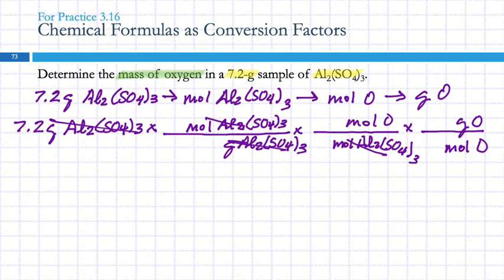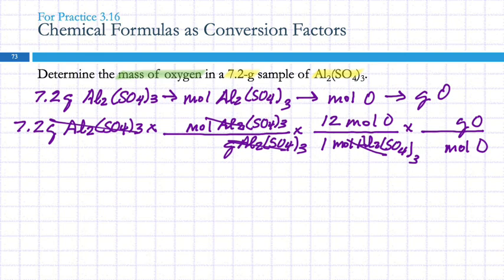We're not talking about masses. In 1 formula unit, how many oxygen atoms? 3 times 4 is 12. So there's 4 oxygens here, and this tells me there's 3 of those groups. So there's 12 oxygens. So there's 12 moles of oxygen in 1 mole of compound. That comes from the chemical formula.